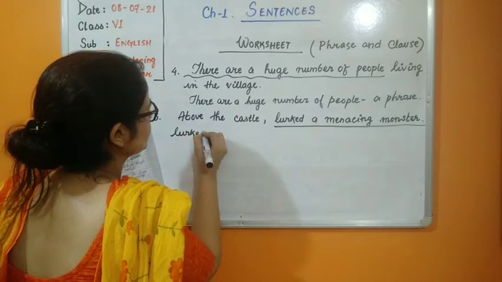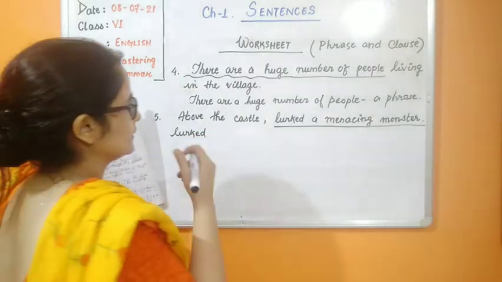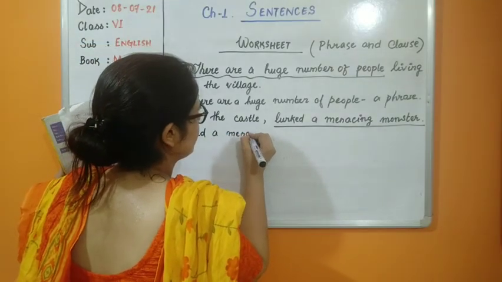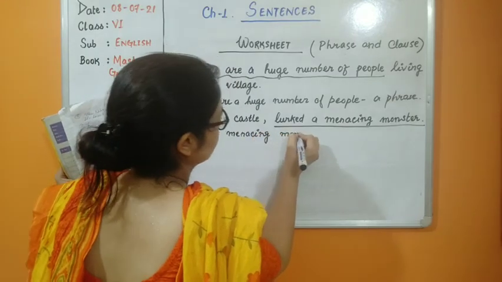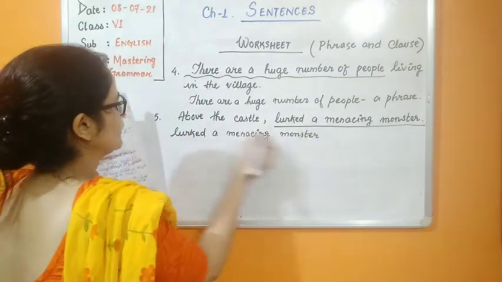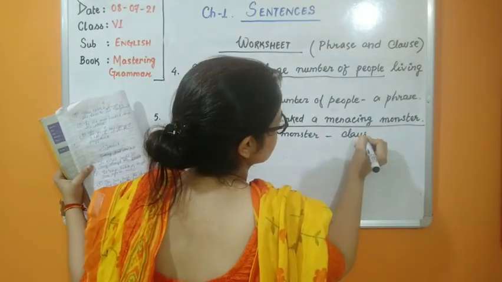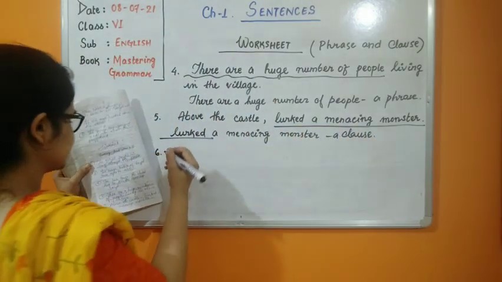Lurked means to look at or to observe someone hideously. So children, because we have a verb lurked here, that's why this will become a clause. Okay. Now number 6.